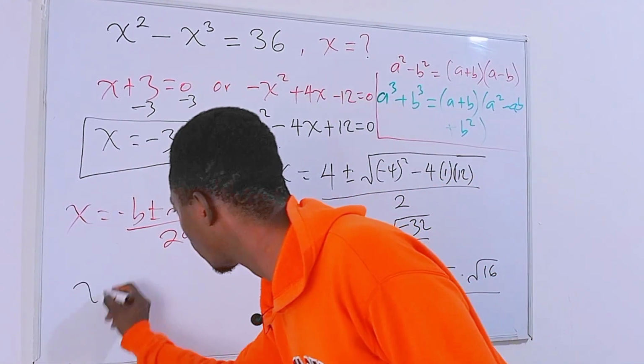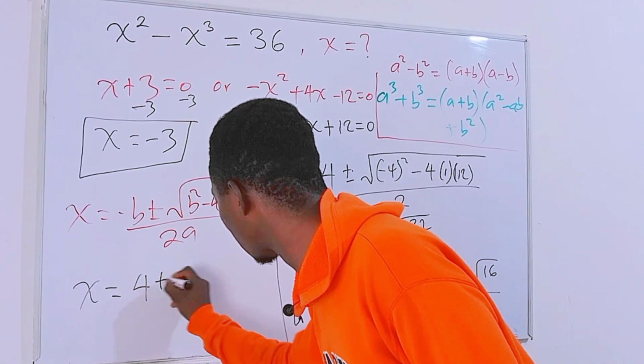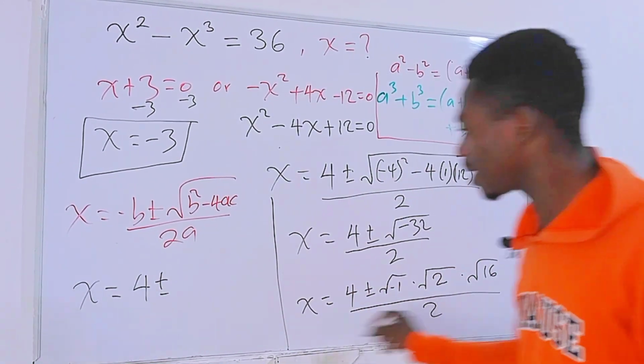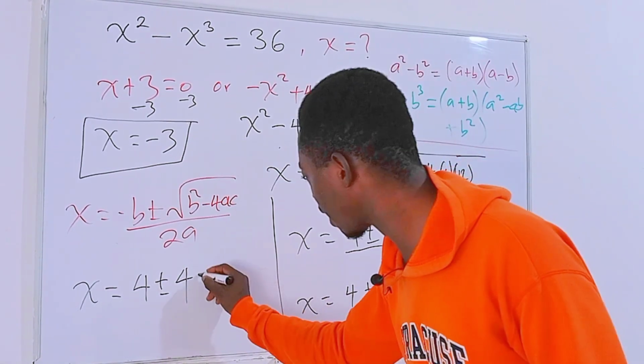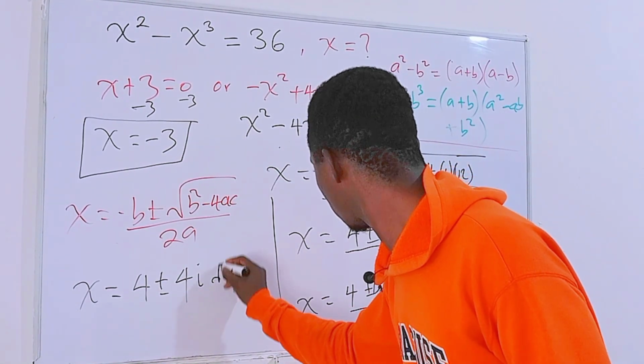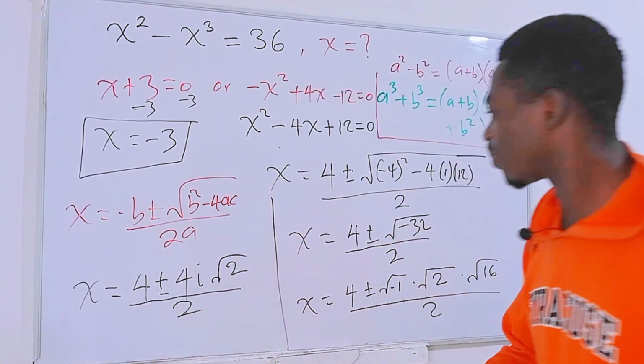Now let's go ahead and then simplify this further. We have x is equal to 4 plus or minus square root of 16 is 4, then square root of negative 1 is i, times square root of 2, all divided by 2. Easy.